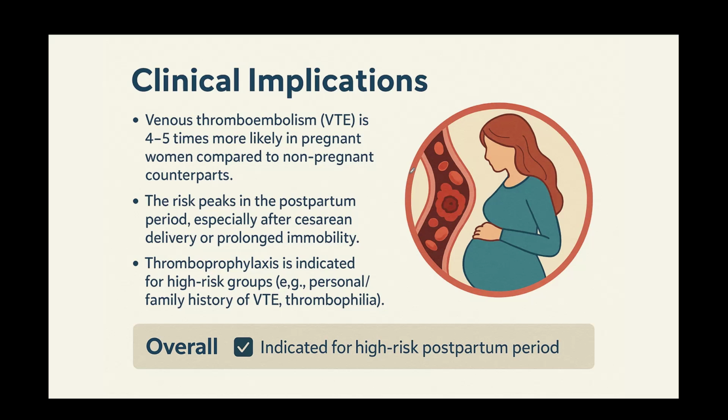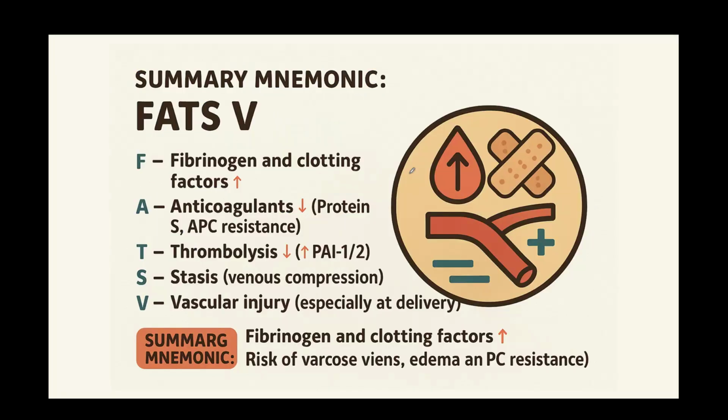Thromboprophylaxis is indicated for the high-risk group, for example, if there is a personal or family history of VTE or thrombophilia, so you can start low molecular weight heparin. In general, we can remember it by Virchow's triad: fibrinogen and clotting factors increased, anticoagulants decreased, fibrinolysis decreased, stasis, and vascular injury, especially at delivery.